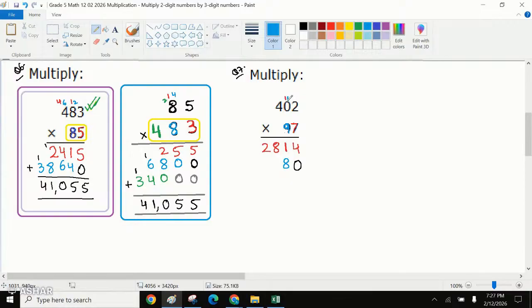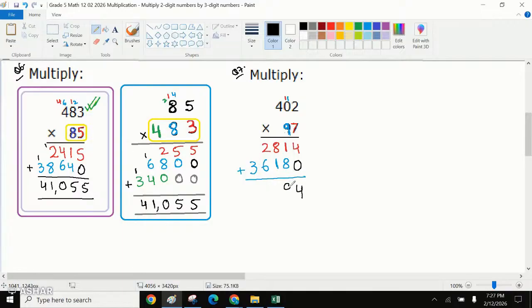We carry a 1. 9 multiplied by 0 is 0, and 1 comes as it is. 9 multiplied by 4 is 36.